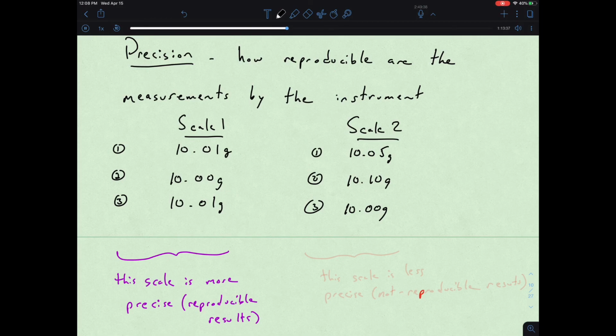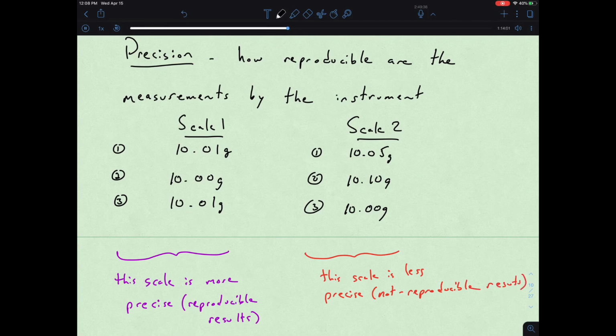While on the right side, this scale is less precise, not reproducible results.